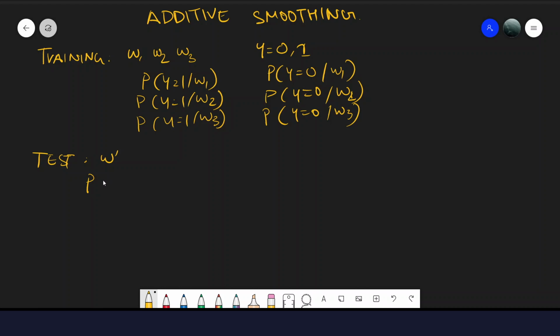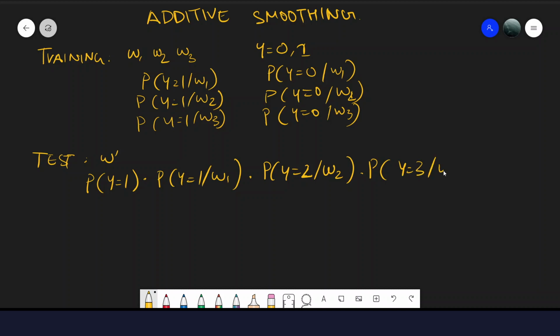that the text corpus belongs to class 1, you would calculate it something like this: probability of y equals 1, into probability of y equals 1 given w1, into probability of y equals 1 given w2, into probability of y equals 1 given w dash.